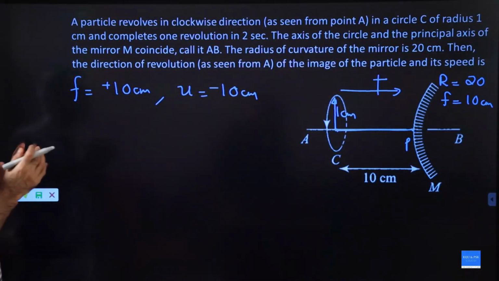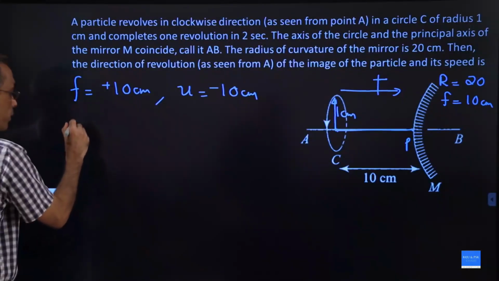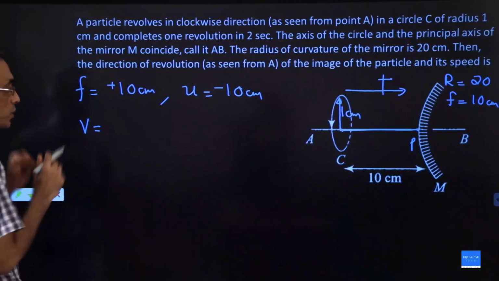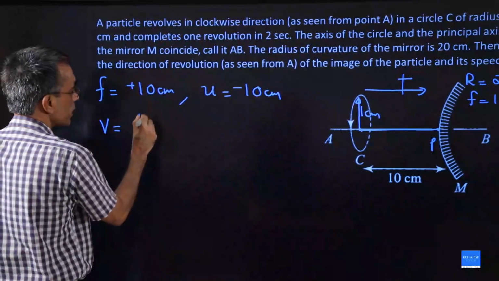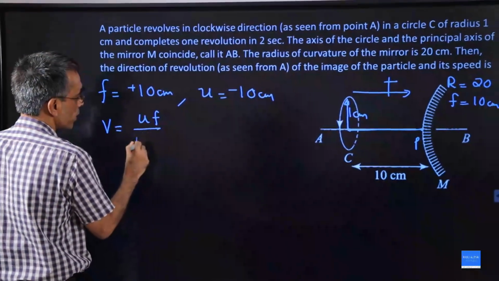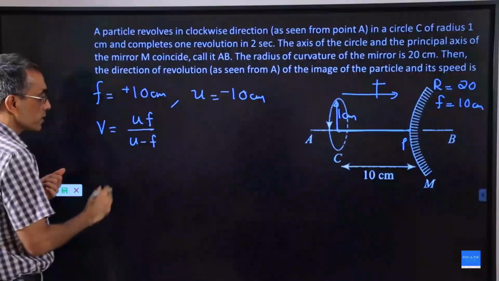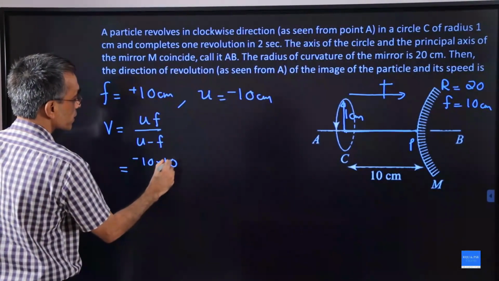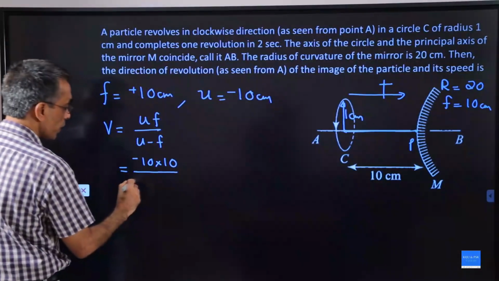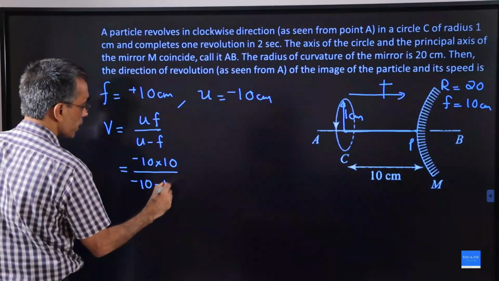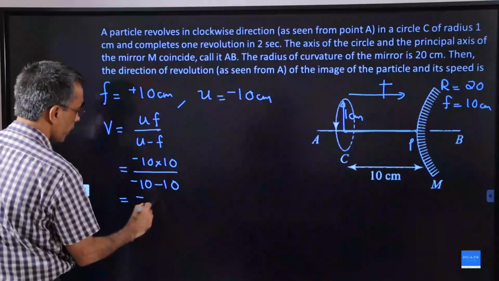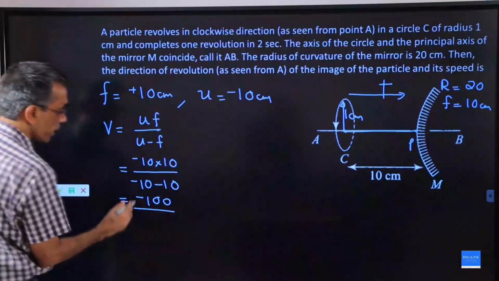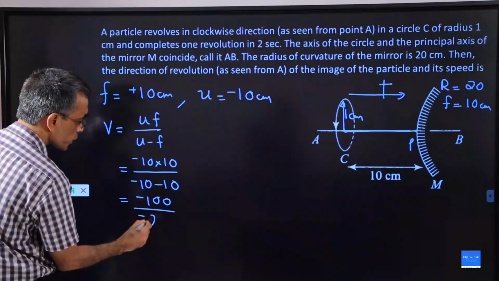Right. Now what is the equation for image distance in a mirror? Shortcut equation. What was that equation? That is given by UF by U minus F. Substitute. U is minus 10, F is 10, divided by U is again minus 10, gives you minus 100 divided by minus 20.